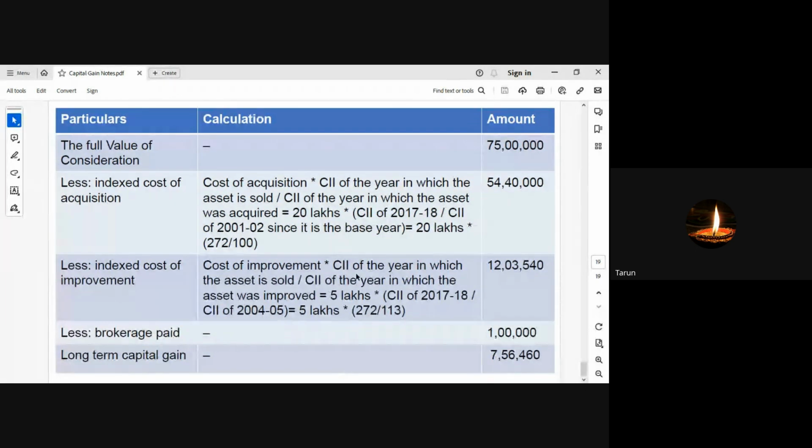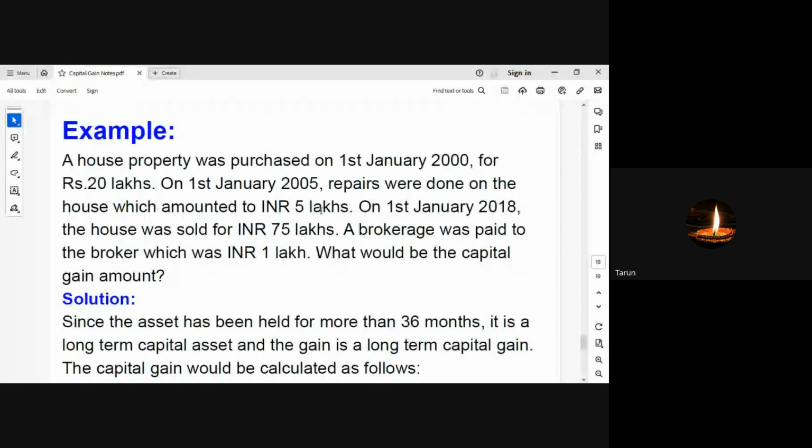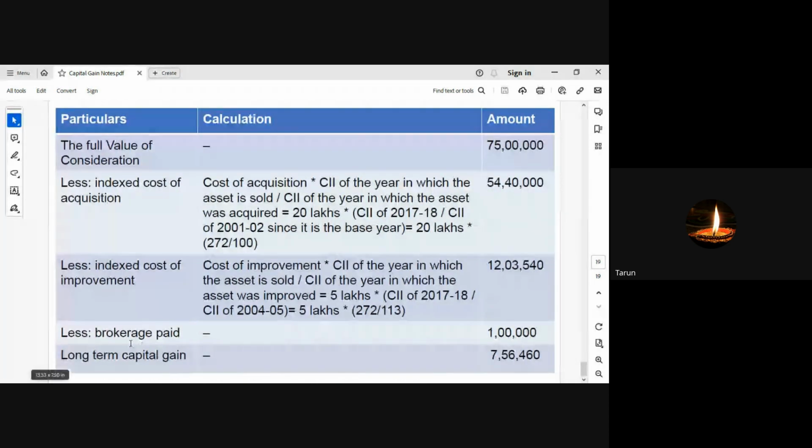And the brokerage fees. What is the brokerage fee over here? The brokerage paid to the broker was Indian rupees 1 lakh. So 1 lakh is brokerage paid, that is an expense. Whatever expenses have been incurred on the property should be deducted from the full value of consideration.